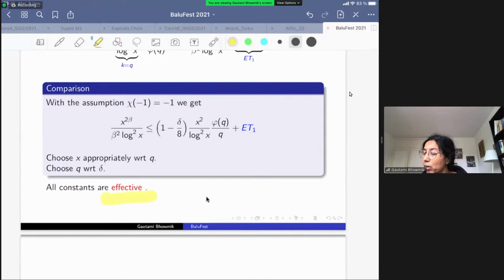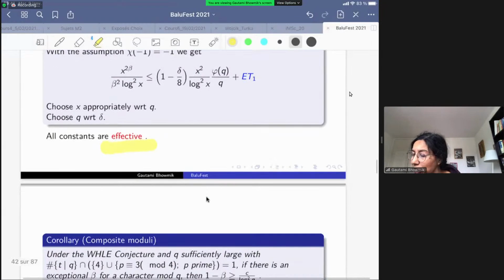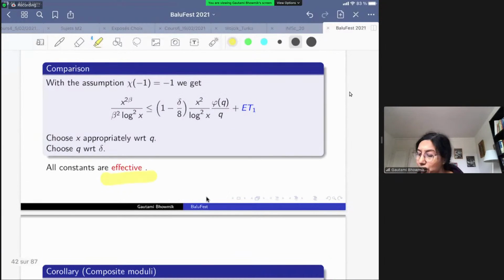But I think you can go up to 2 times C. So C being 0.66, this will be 1.32. Probably you can go up to 1.32. And then you can actually effectively work out all the constants. So even if this result is conditional, at least you can get the constants effectively.